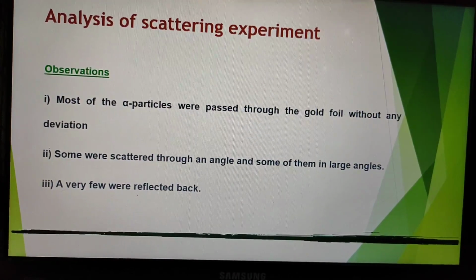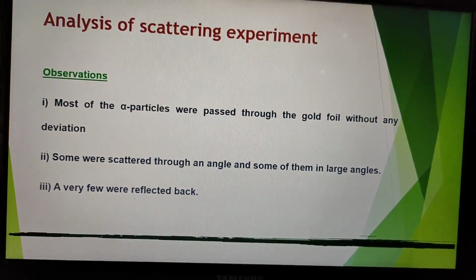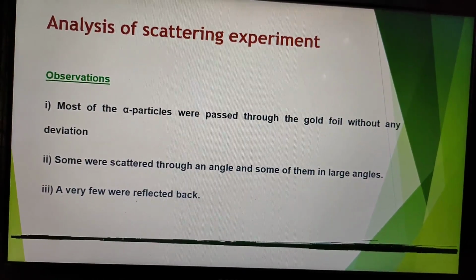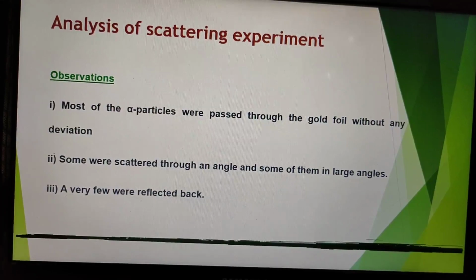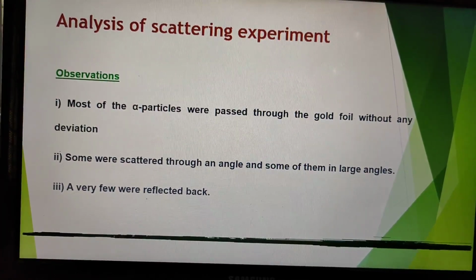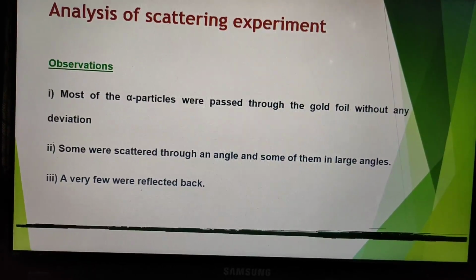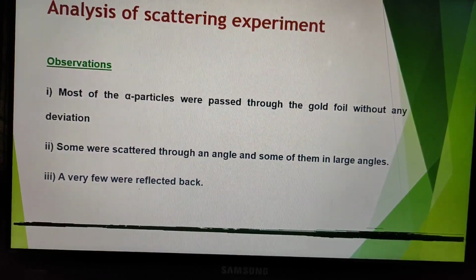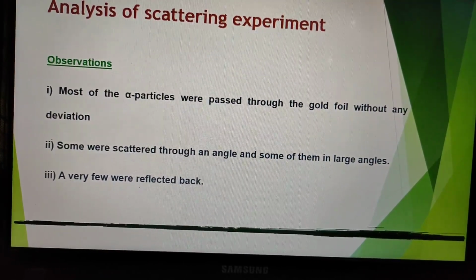Now you can see the main observations from the scattering experiment. The first observation is that most of the alpha particles passed through the gold foil without any deviation, which implies that most of the atom is empty.